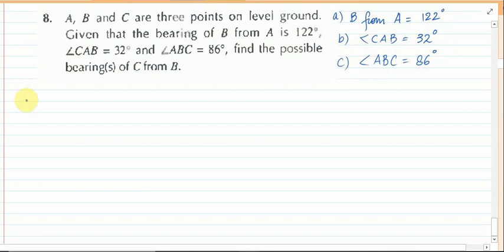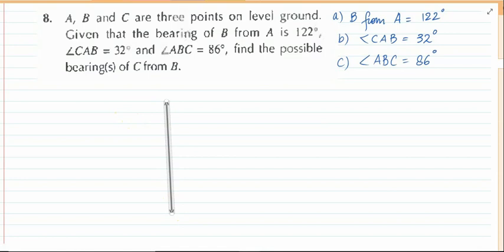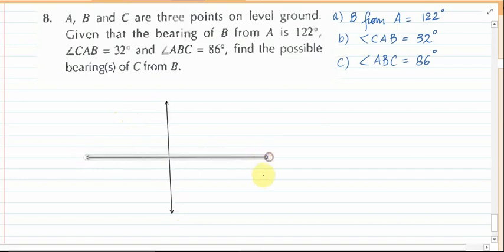First I am going to apply condition A, bearing of B from A. That means we need to take the north of A, right? So that is the north line at A. Let this point be A. B from A means second quadrant, right?